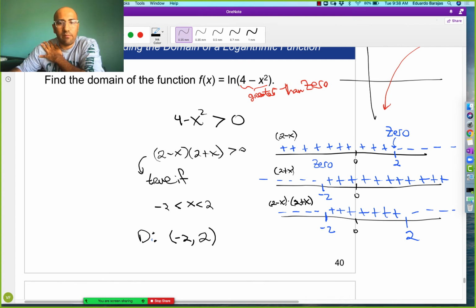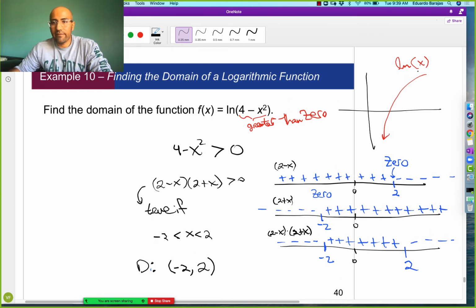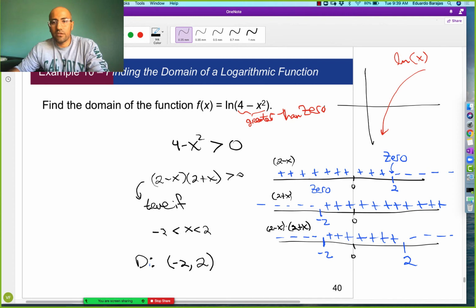If you choose some value, let's say x equals 5, we end up with 4 minus 25, which gives you ln of negative 21. As we see from the graph of ln of x, there is no such thing as ln of negative 21.